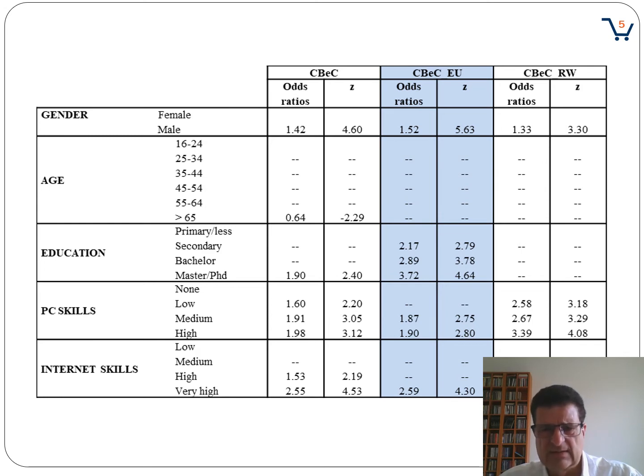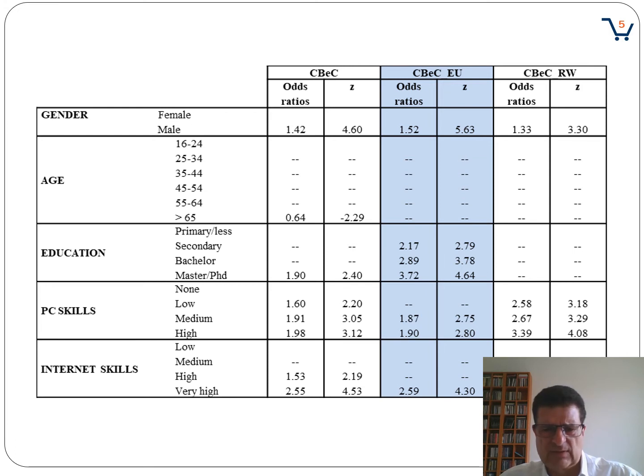So the Z is a statistic that is measuring the distance between the odds ratio that is measured, like 1.60 in this case, and 1, which is the no effect value.